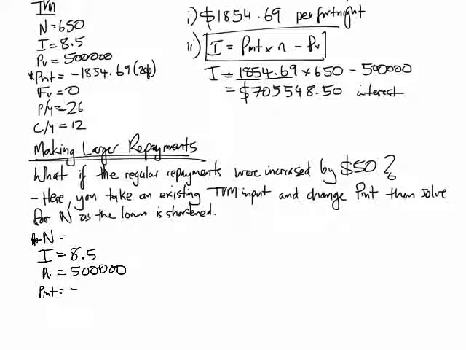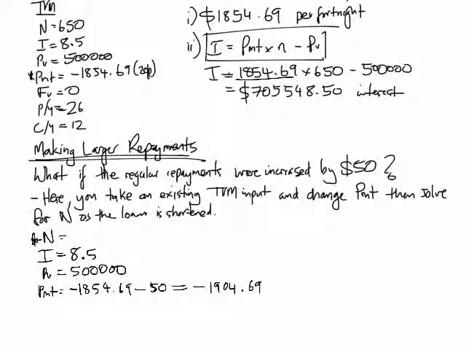So it's going to be negative $1,854.69, the payment what it was before, and you're paying more, so that's why it's take 50, so it's going to be negative 1854.69 minus 50. So that's going to be negative 1904.69. So just be wary of that, be very careful with that. That can catch up people who haven't been using negative numbers for a while.